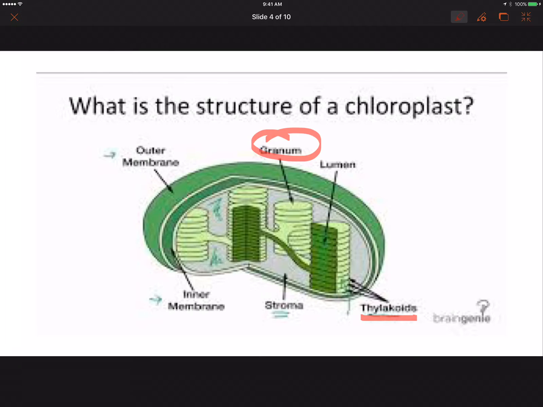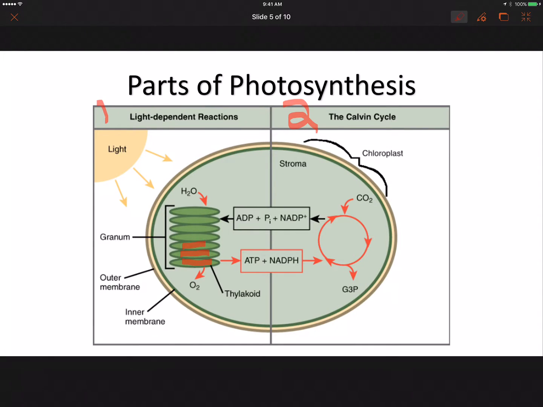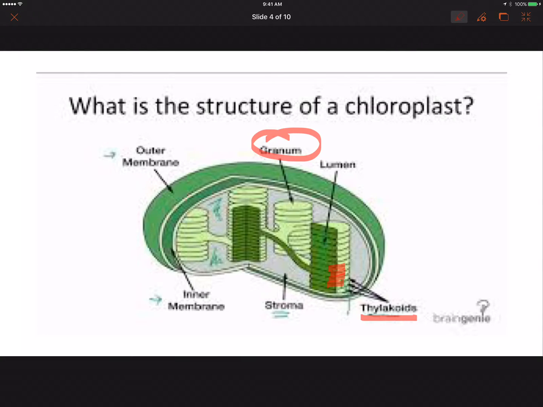So these stacks of green things are where my light dependent reactions happen, whereas the second part, the Calvin cycle, happens in my stroma. So the second part happens in that free space next to my granum and thylakoids.